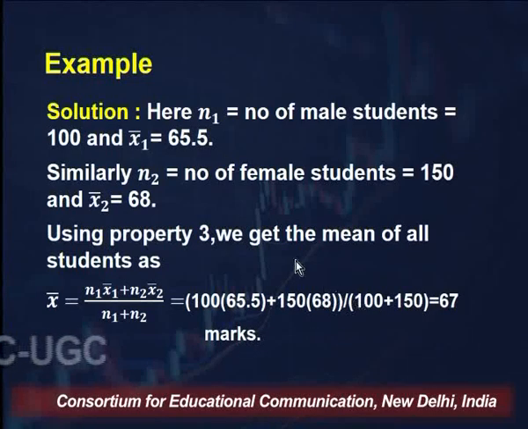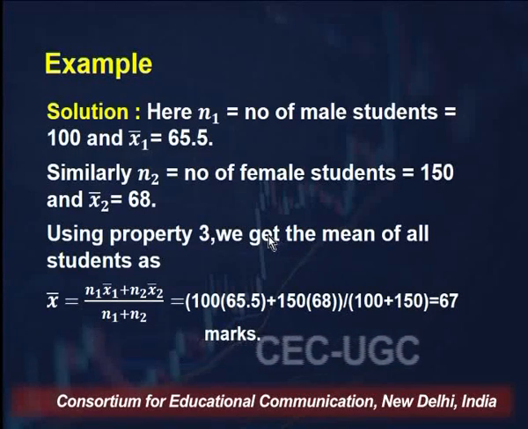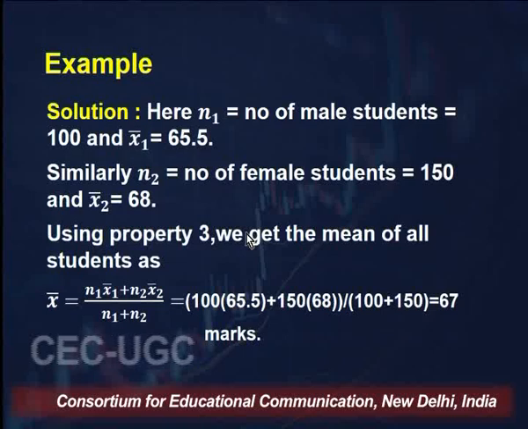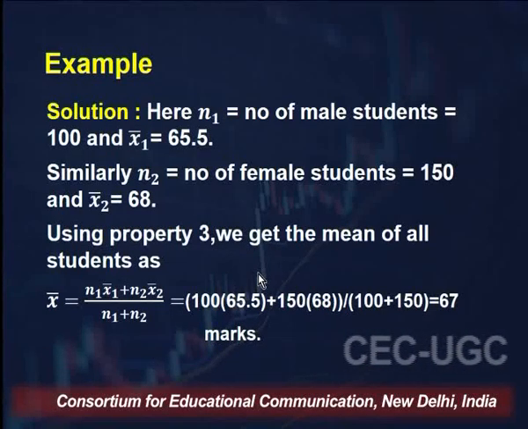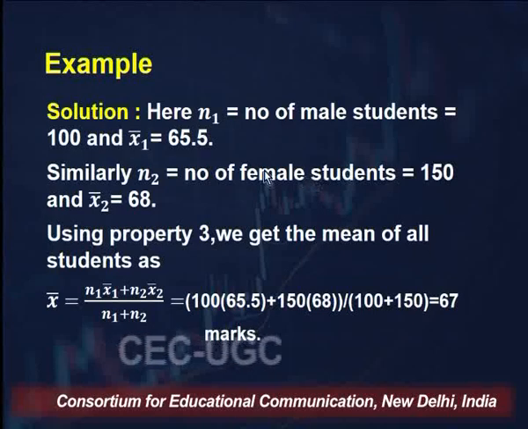So on average, male students have scored 65.5 marks, female students have scored 68 marks, but on average any student has got 67 marks in that examination. Here you did not ever need to know what the actual marks of these male students and female students were.